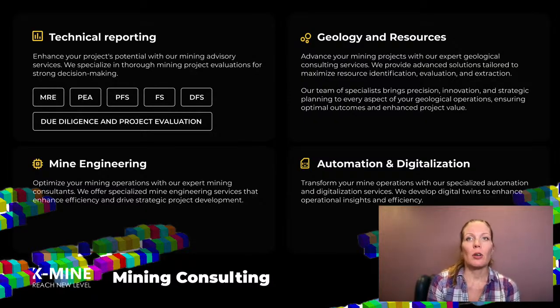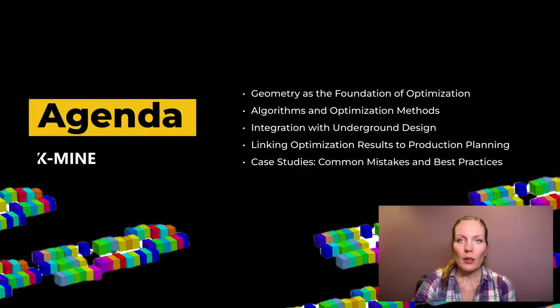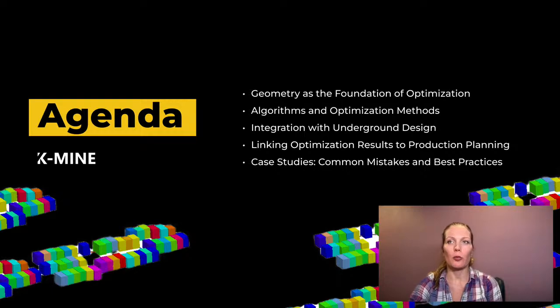So let's see what we're going to cover today. Today, we're focusing on how optimization principles support efficient, practical, and well-integrated underground mine planning. We'll start by looking at geometry as the foundation for optimization, then move into the algorithms and methods that power modern optimization workflows.